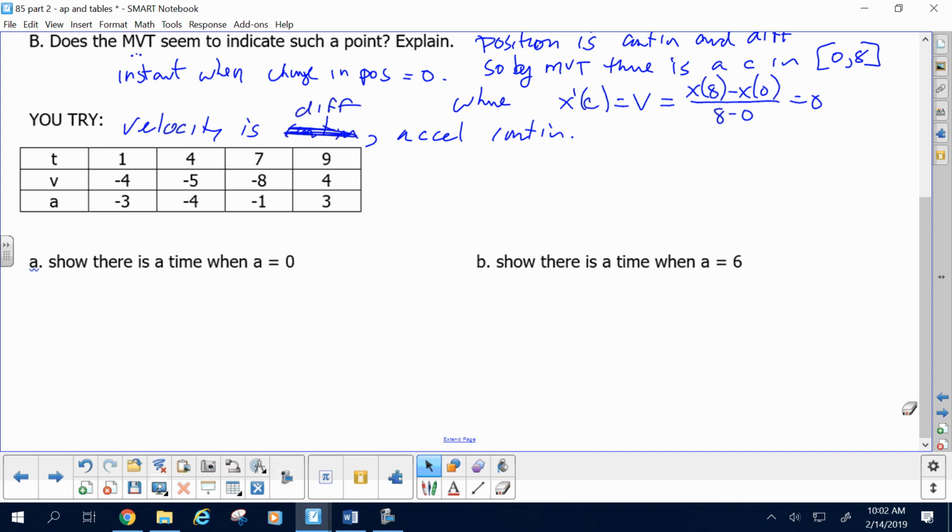Physics people, you probably are hating me. Is velocity different? Is it possible to go from a velocity of 10 to a velocity of 0 without passing through everything in between?